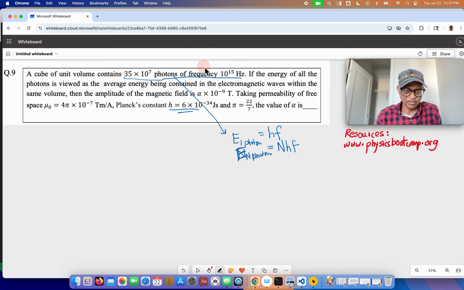So we know how much energy is in the box, and so take that whole energy to be, now think in terms of electromagnetic waves. Don't think of photons as particles, but as electromagnetic waves.